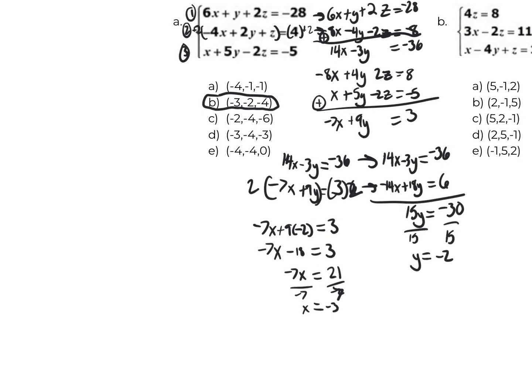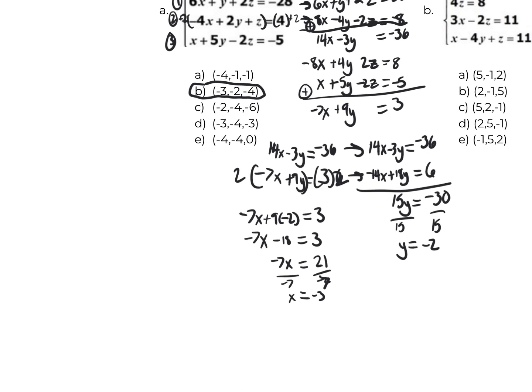Now I'm going to go back to the very first equations. So negative 3 for x, negative 2 for y, so negative 3, let's see, negative 10, negative 3 minus 10 minus 2z equals negative 5. So it's negative 13 minus 2z equals negative 5.